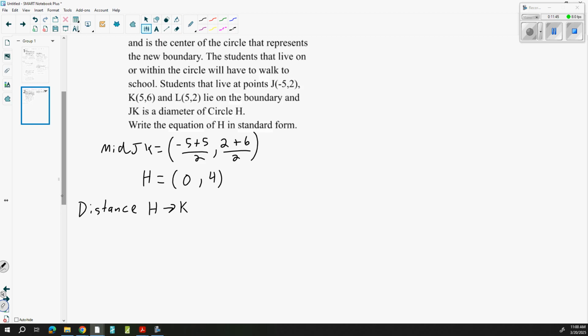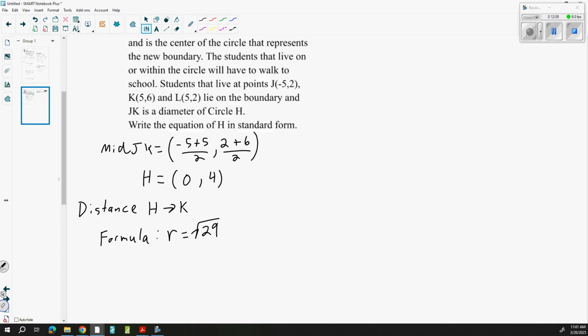So we're going to use the distance formula. And again, I'm going to pause so I can find that to find our radius. And we do something a little different here. So the radius of this is going to be the square root of 29.